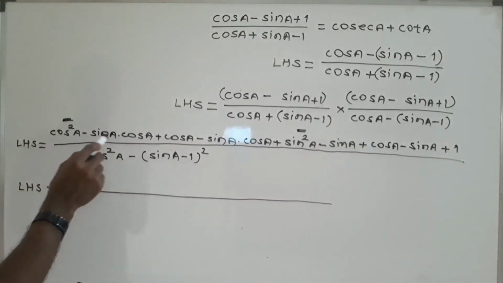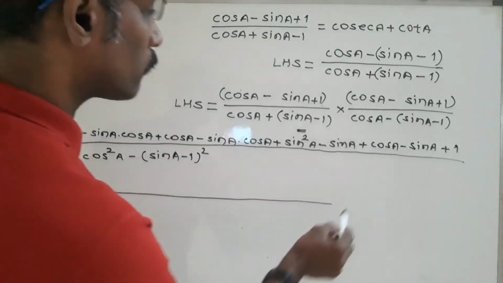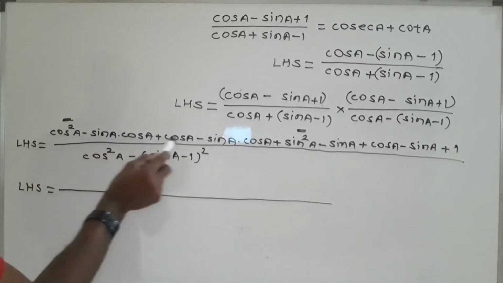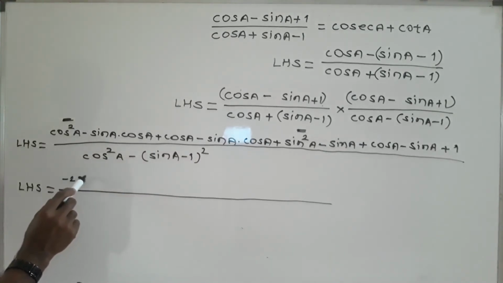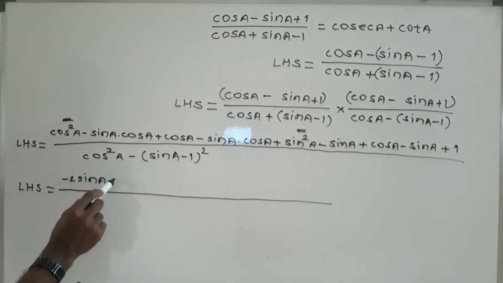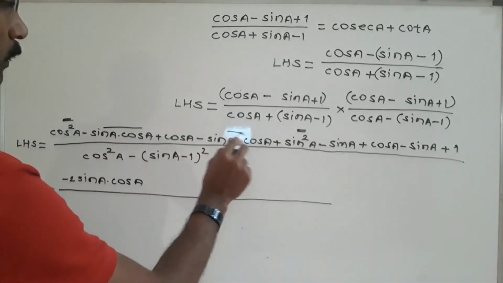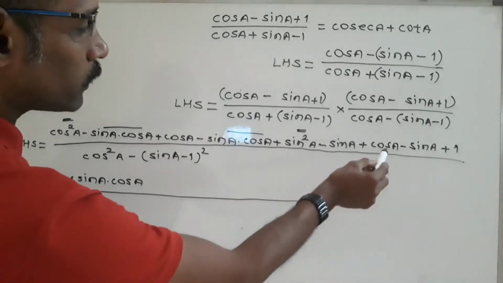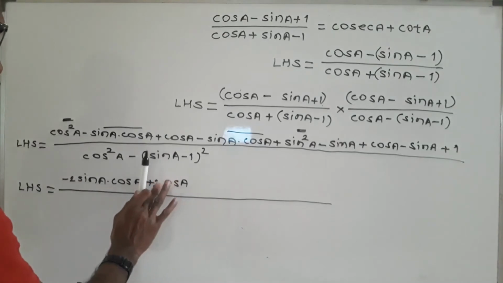Now see here minus sin A cos A, and here also minus sin A cos A. Minus sin A cos A minus sin A cos A means minus 2 sin A cos A. Now cos A and here cos A means plus 2 cos A.